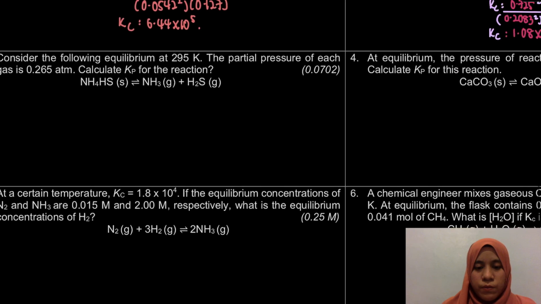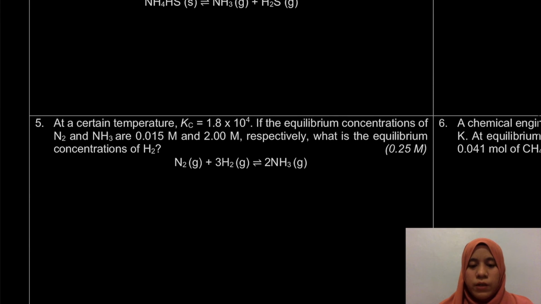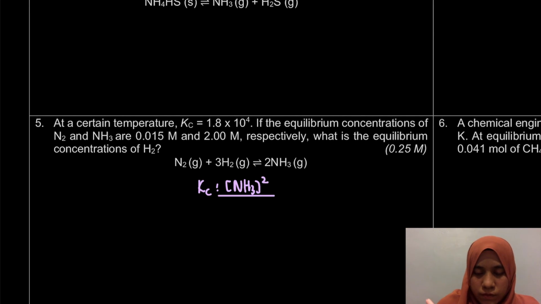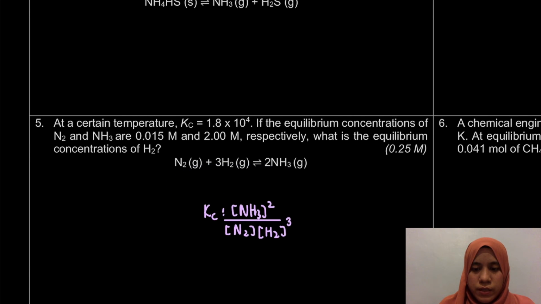Okay, so before that, what we're going to write down is, what is our Kc for this equation? Okay, so this is our Kc. Next, Kc is given to you, this is the concentration of N2 and this is the concentration of NH3.